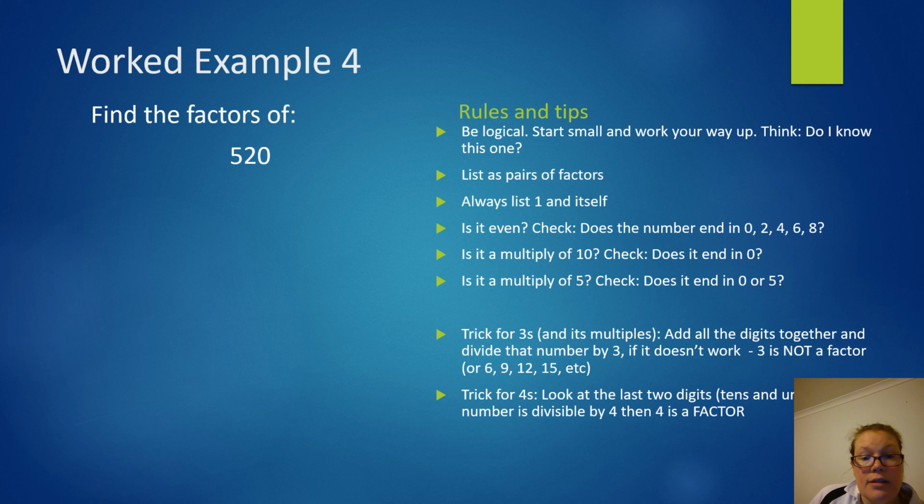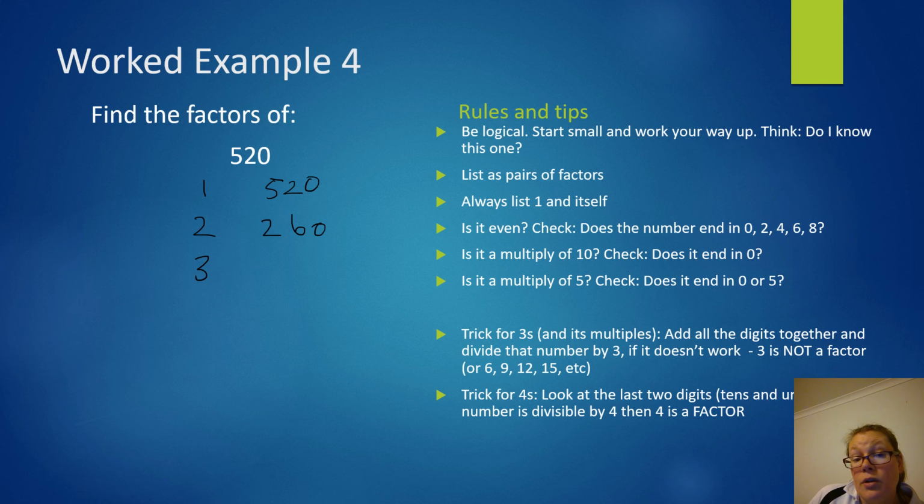It ends with a 0. Obviously, there's going to be heaps here. Okay, start with your 1 and your 520. It's going to be 2 and 260, and you work your way through. 3 is going to go into it because 5 plus 2 is 7.